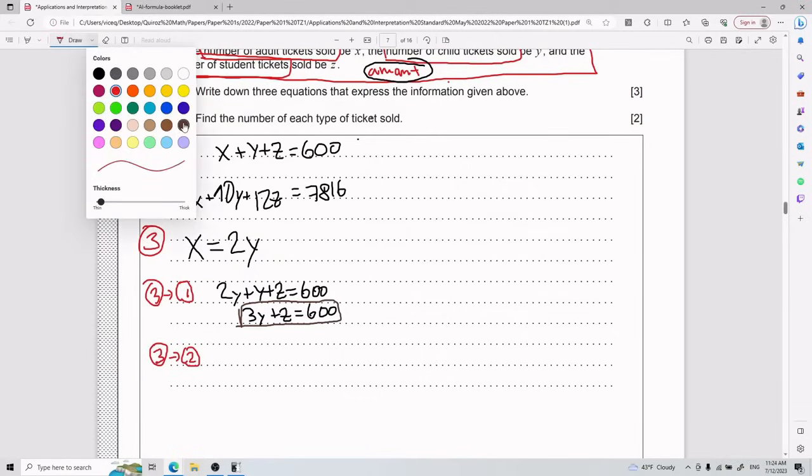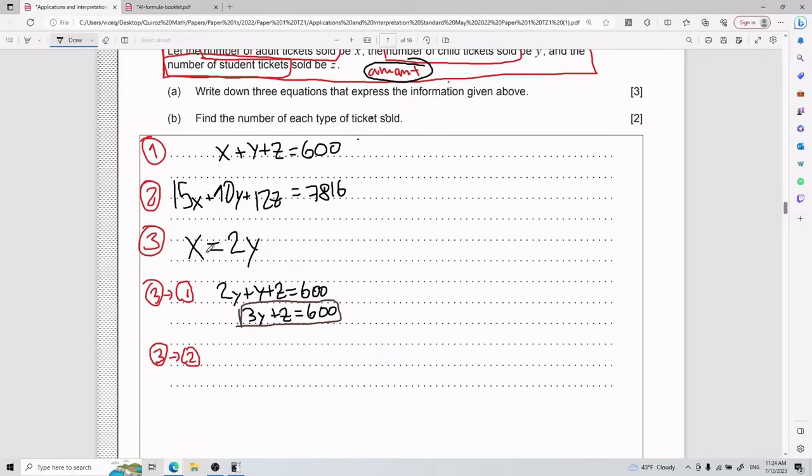And now for my second one, I end up with 15x, and so x is 2y, plus 10y plus 12z equals 7,816. Okay, I'm going to explain in a second why we're doing it this way.